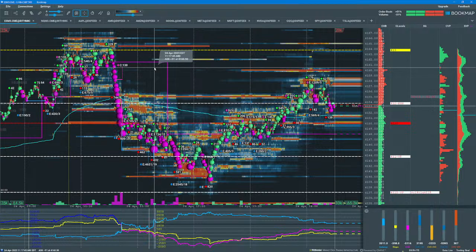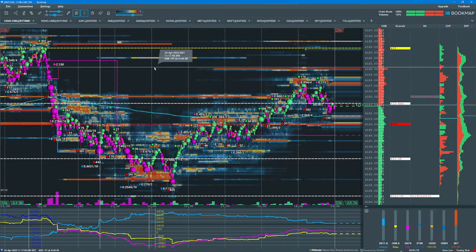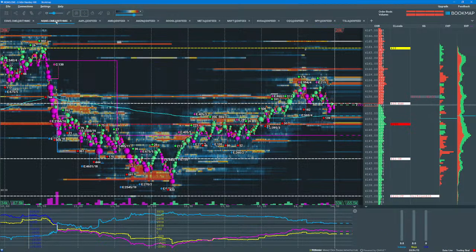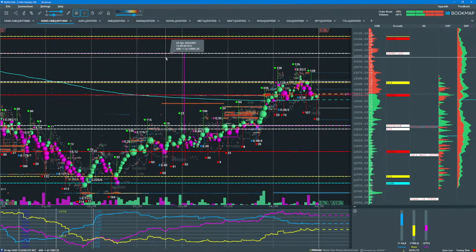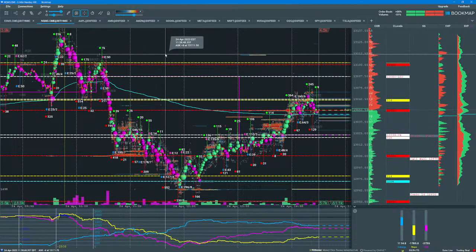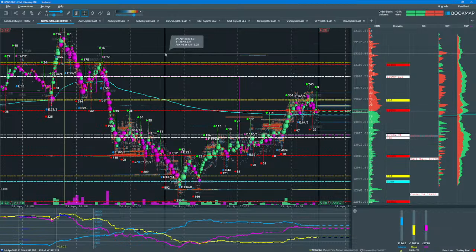It looks like now the S&P 500 is starting to stall a bit at the SPY 412 key gamma strike. Let's take a look at NASDAQ. Also consolidating a bit just below the QQQ 316 level and the NQ 13050 level.